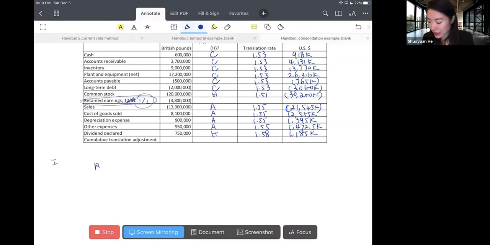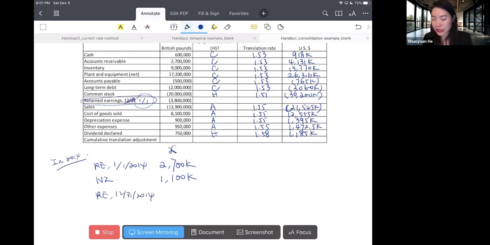So in the year 2014, the firm's beginning retained earnings, which is January 1st, 2014, in Great British pounds, is 2.7 million. And then the firm has net income during the year of 1.1 million. The firm doesn't have any dividend. So the ending retained earnings for the year 2014 is 3.8 million.